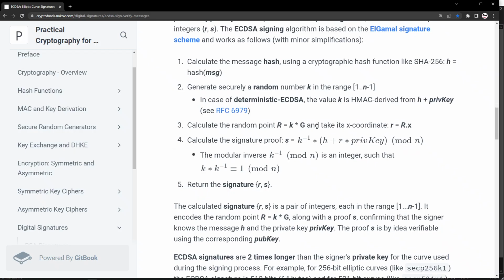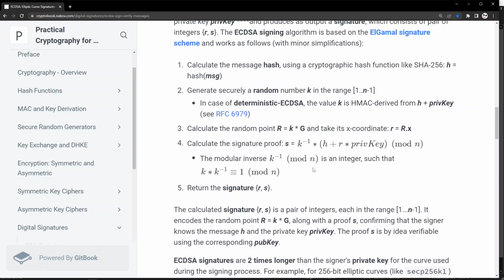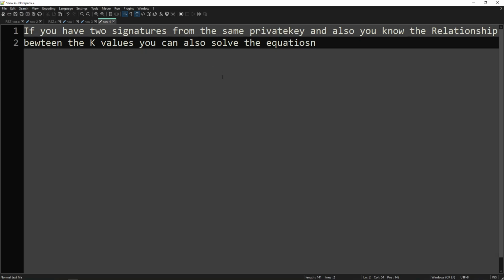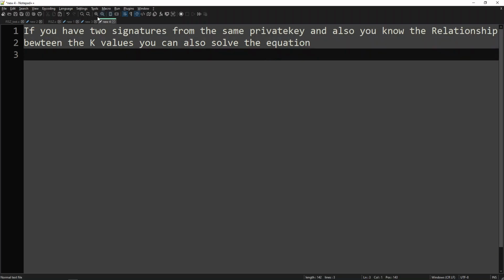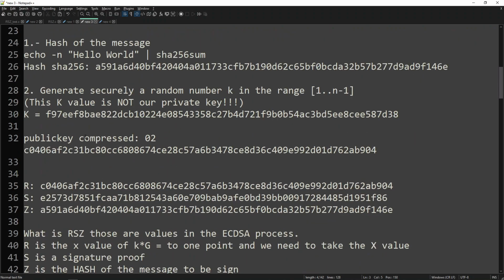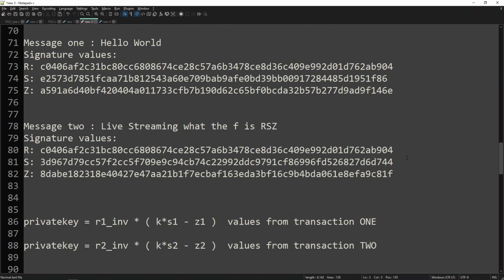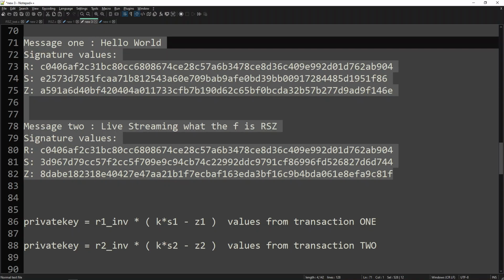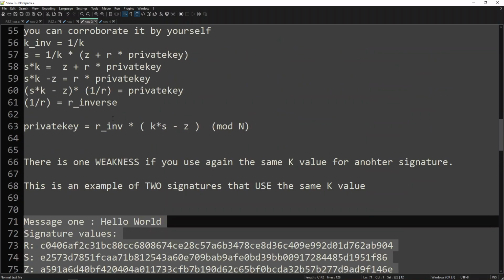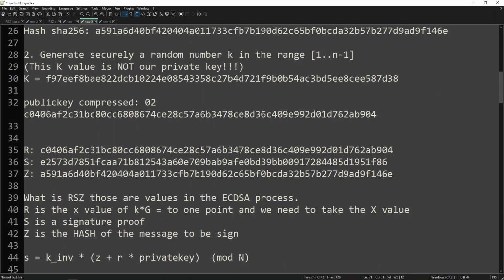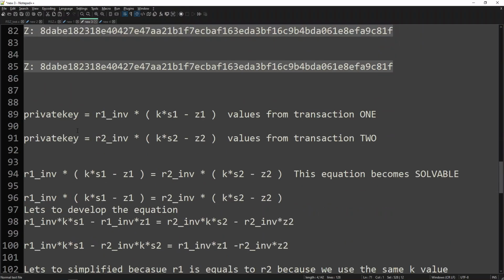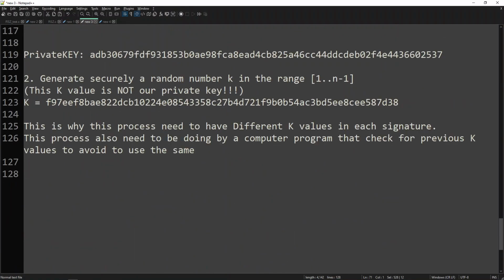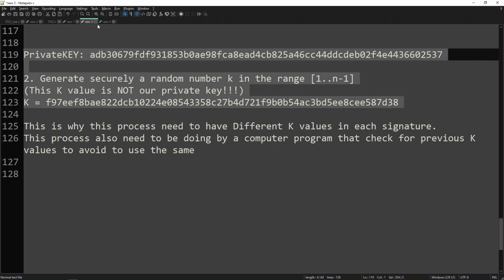Let's copy these values again. Wait a moment, please. Here. Let's copy these values.